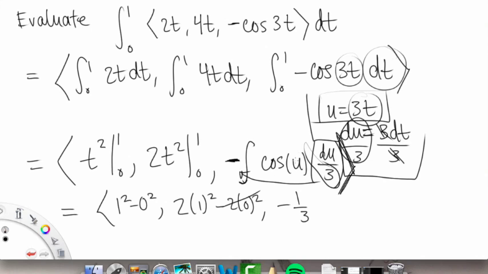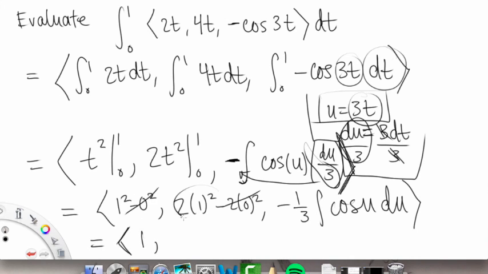Then we have the integral of cosine u du, which is pretty simple to integrate. So we have 1, comma, 2, comma, negative 1 over 3, and this is actually just going to be the sine of u.